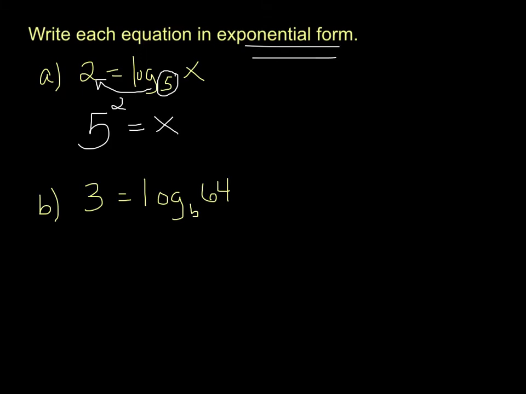Right? Same thing in part B. The base of the log raised to the power that's on the other side. So b to the third power equals whatever this value is that's left, 64. Okay? So this is how we take a log function and write it in terms of an exponential. We take the base of the log, and the base of the log becomes the base of our exponential, the base of our power.